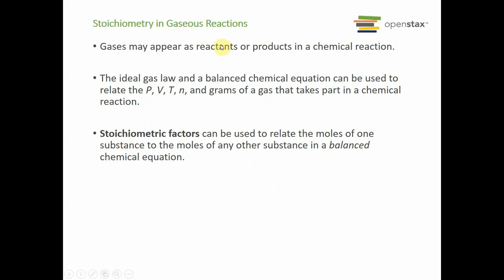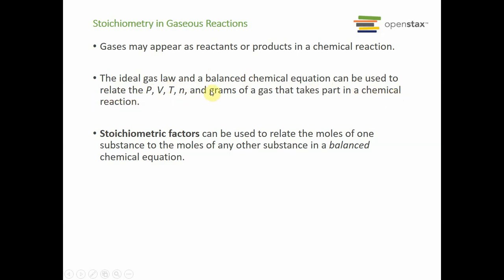Gases may appear as reactants or products in a chemical reaction. The ideal gas law and a balanced chemical equation can be used to relate P, V, T, and n in grams of a gas that take part in a chemical reaction.